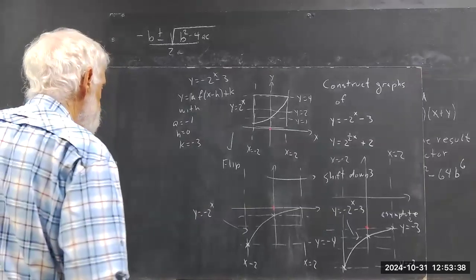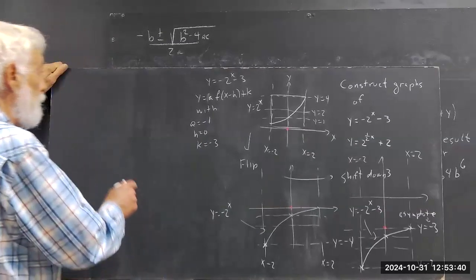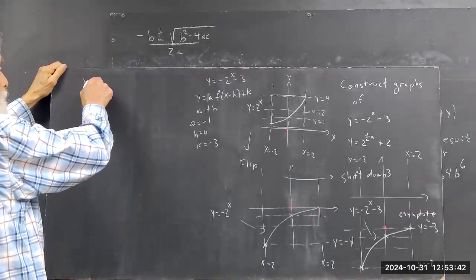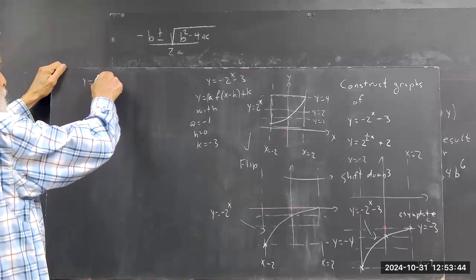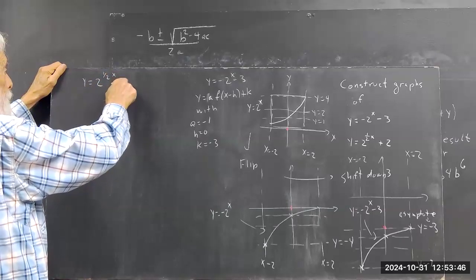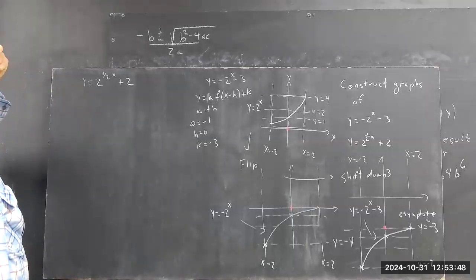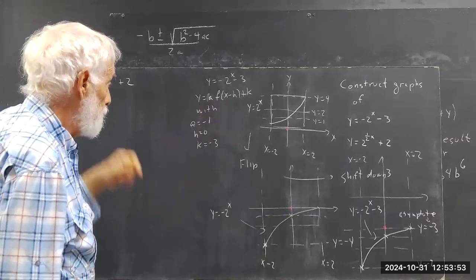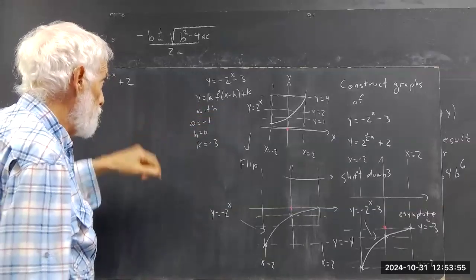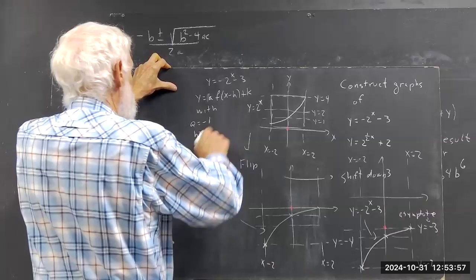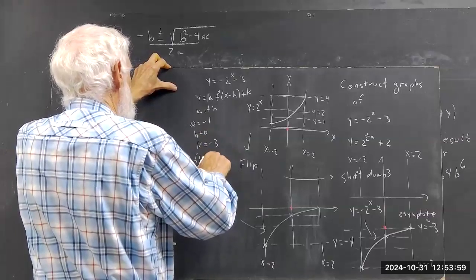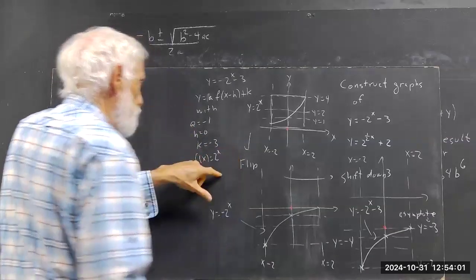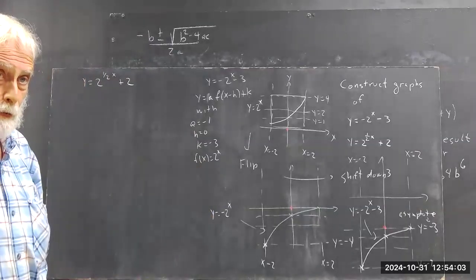Now we have y equals 2 to the 1/2 x, minus 3. You can't write this as an a f of x minus h plus k function, with f of x equal to your toolkit 2 to the x function.